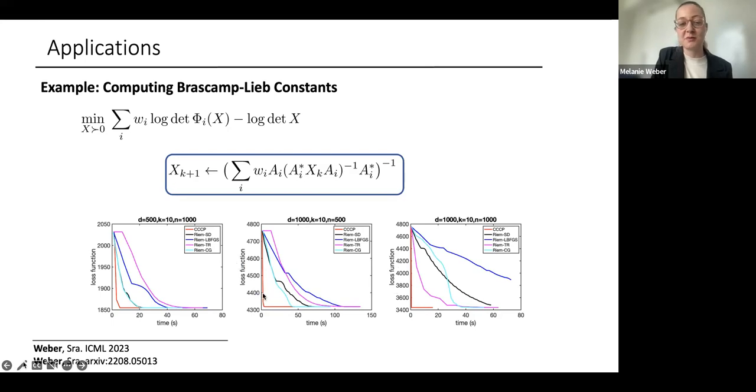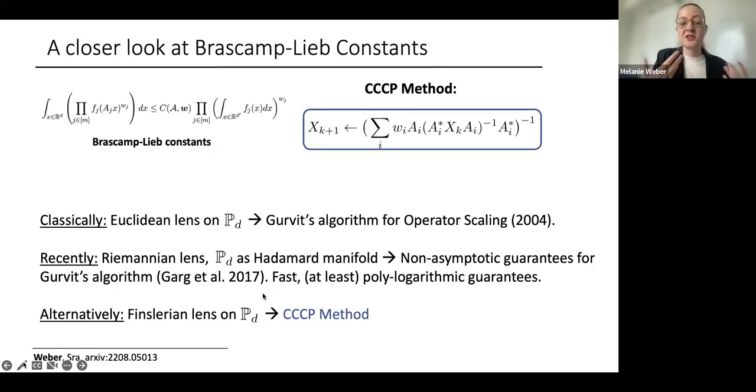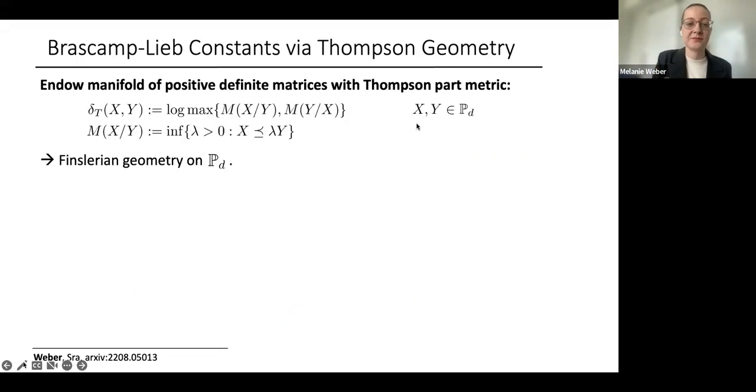If we look at the plots here, we actually analyze this problem through a different geometric lens. The positive definite matrices could also be endowed with a different metric that doesn't give us a Riemannian geometry, but a Finsler geometry on the manifold of positive definite matrices. And that gives us a different lens through which to analyze that fixed point iteration.